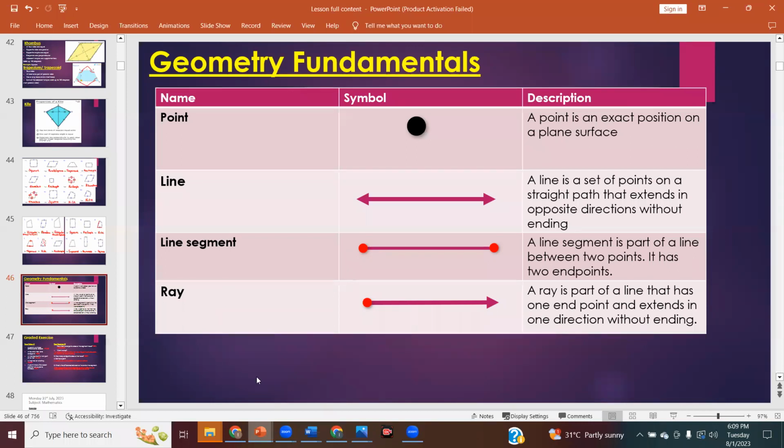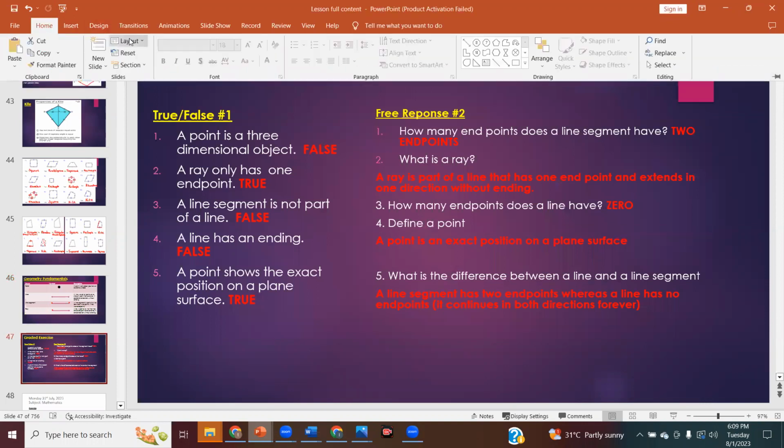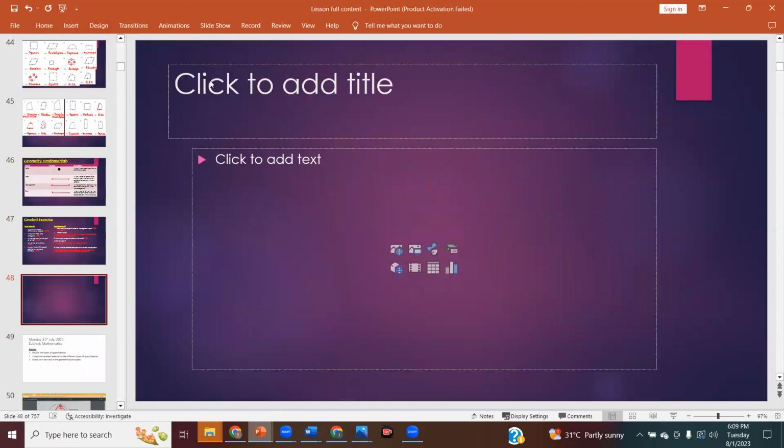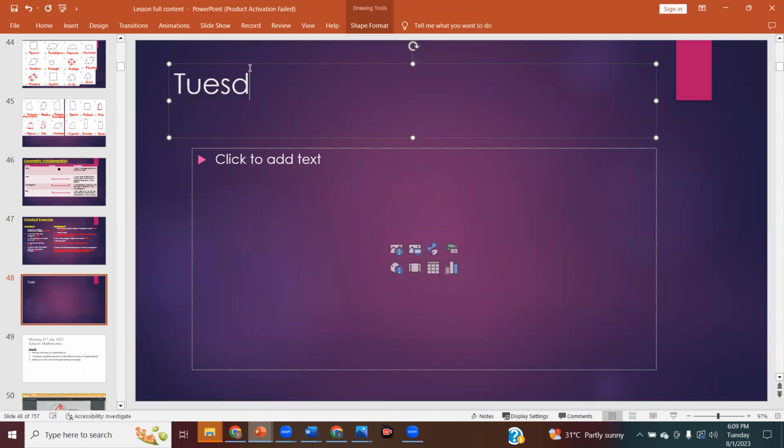Let's begin. Today is Tuesday, the 1st of August, 2023.